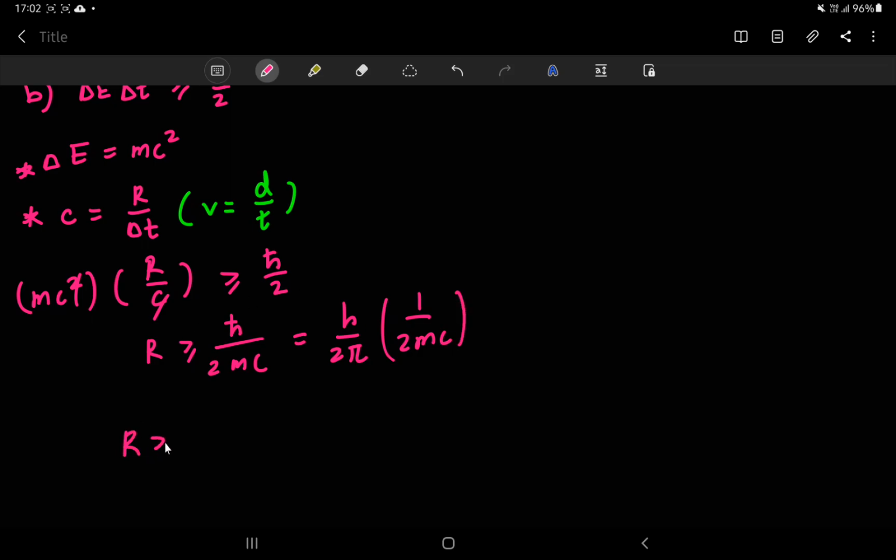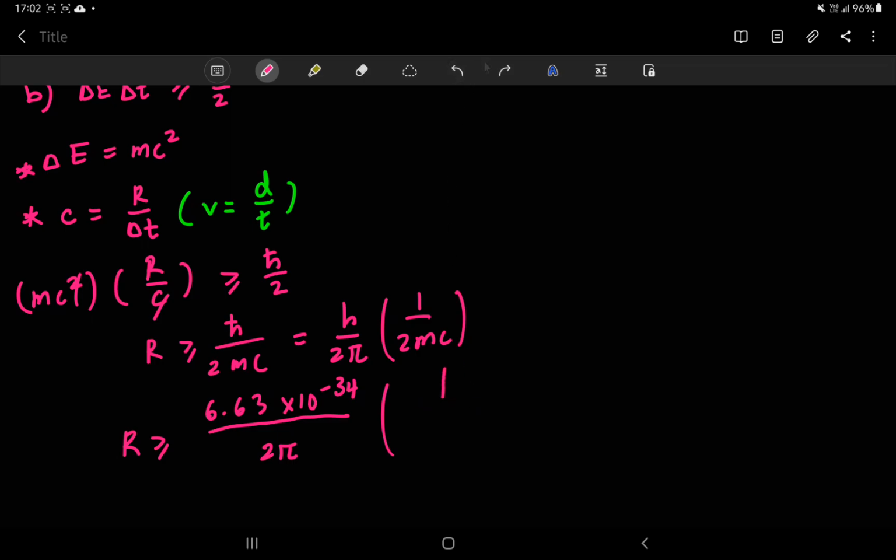So R is h, which is 6.63 times 10 to the minus 34 joule second divided by 2 pi, times 1 over m.